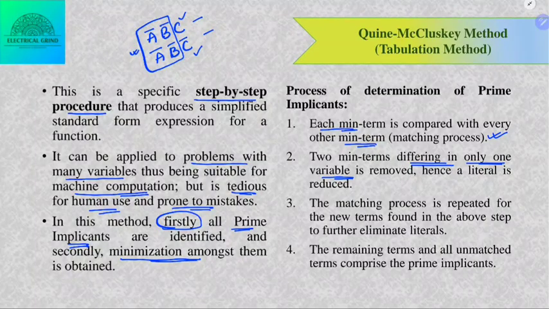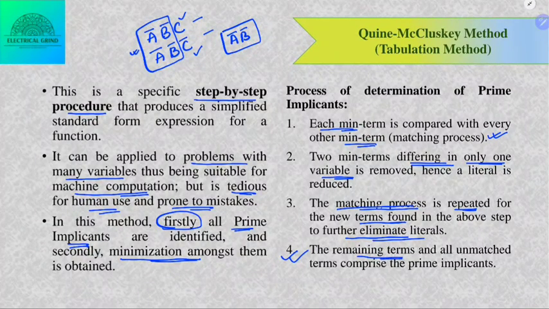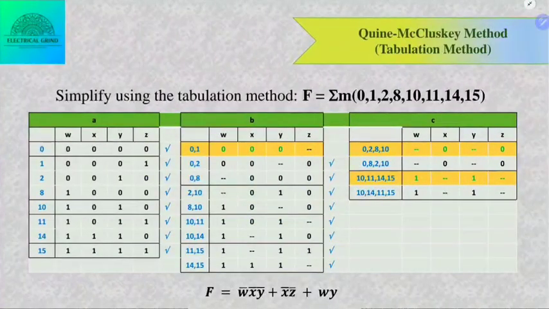So by the matching process we will eliminate these variables and ultimately obtain the reduced minterm. This matching process is again repeated for the new minterms found in the previous section, and it will further eliminate all the common literals, and thus the remaining terms and the unmatched terms will comprise the remaining prime implicants. Okay, so let us see the example.